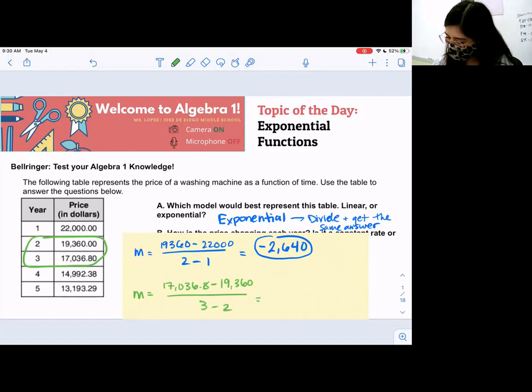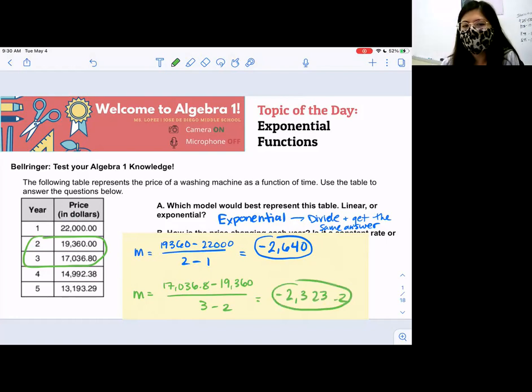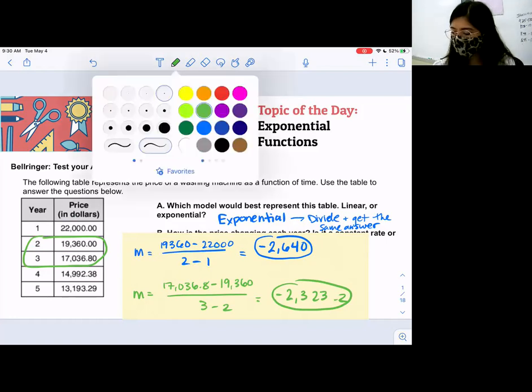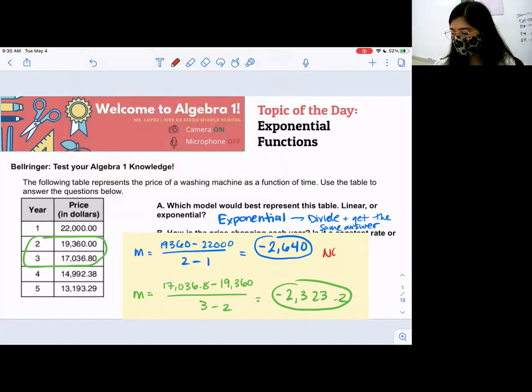This time I would get negative 2,323.2. Do I have a constant rate of change? No, right? Those are completely different numbers. So if you tried this and got different numbers, then you know right off the bat that this is not linear.